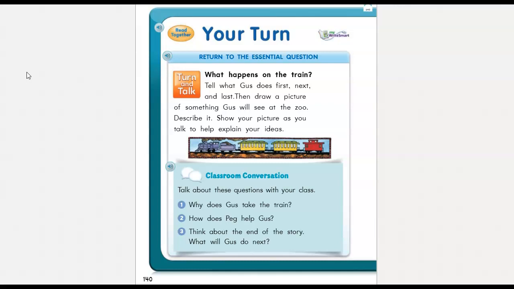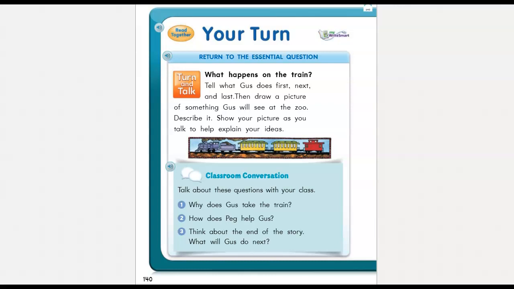Next, we have some questions about our story. Number 1 says, why does Gus take the train? Why does Gus take the train? We could say that Gus takes the train in order to take a trip somewhere.